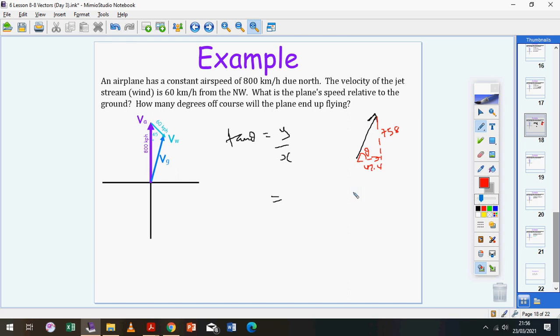Find the inverse tangent. 758 divided by 42.4 gives me 86.8. But you need to be careful to know that 86.8 is simply the angle with the x-axis here. And since you're interested in how many degrees off course the guy will end up flying, that needs to be the angle on the inside, and to get that angle it will be 90 minus 86.8, which will give you 3.2 degrees, which is the same thing that we got earlier.